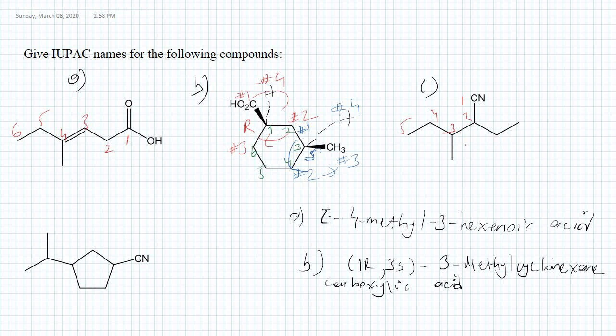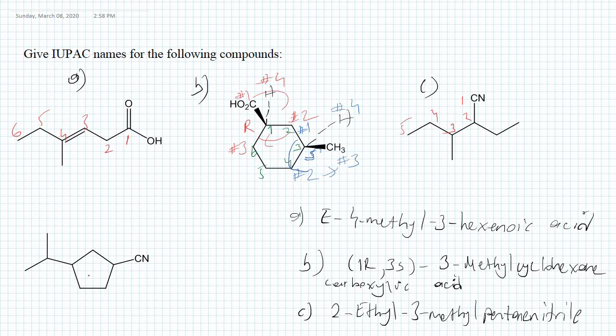At the second carbon we have ethyl, and at the third we have methyl. So we have to say ethyl first, alphabetically. So let's write here C. This is 2-ethyl-3-methylpentane nitrile. So alkane nitrile.